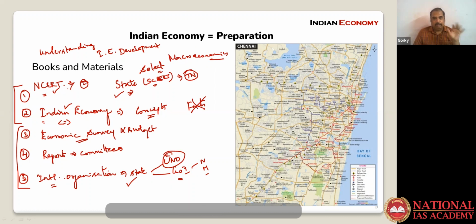So got it? Fine. Okay, so now coming to the preparation part. You would have wondered why the map is there. Anybody been to Chennai? Yes, sir. Okay, so one is there. Anybody else? Only one?